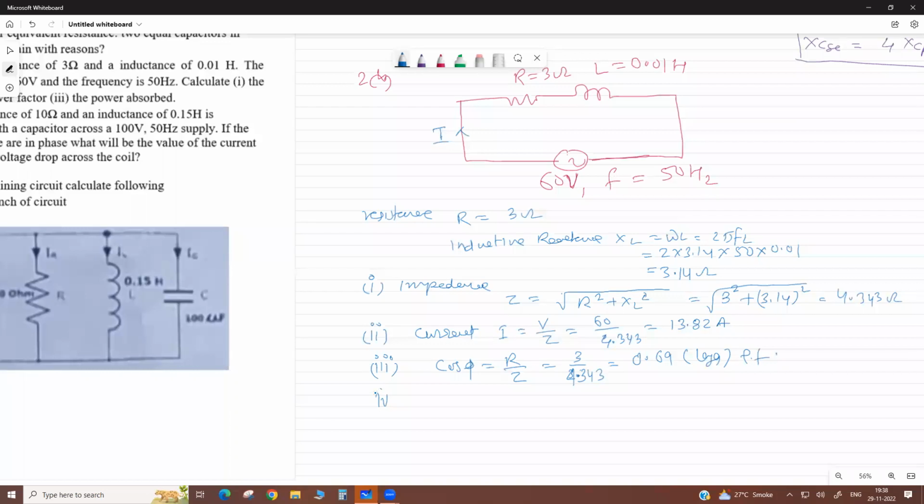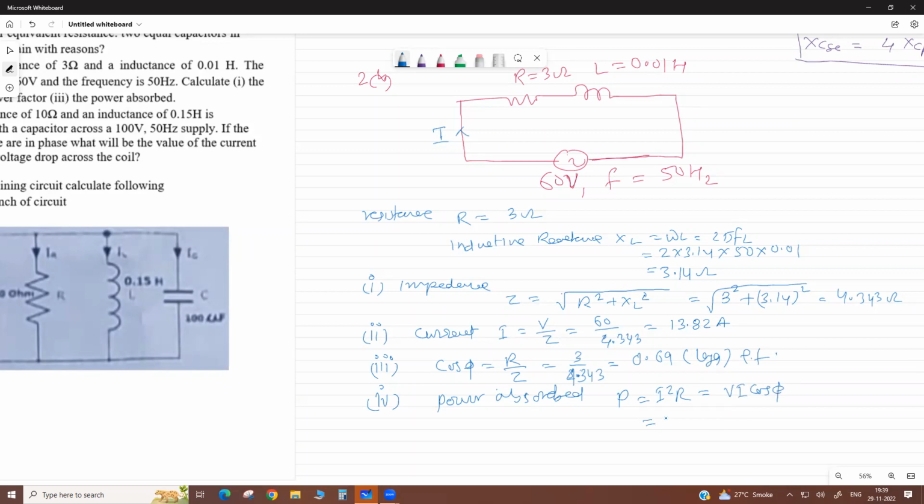Now fourth, they ask for the power absorbed. Absorbed means dissipated. It is P equals I square R, or VI cos phi.